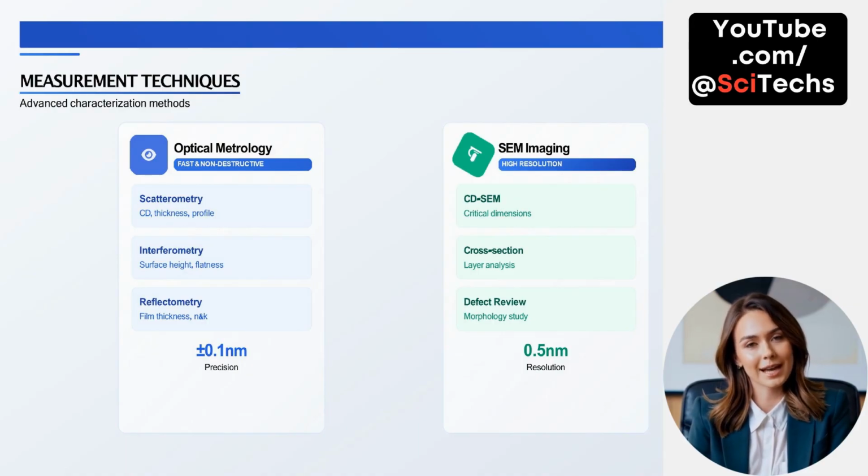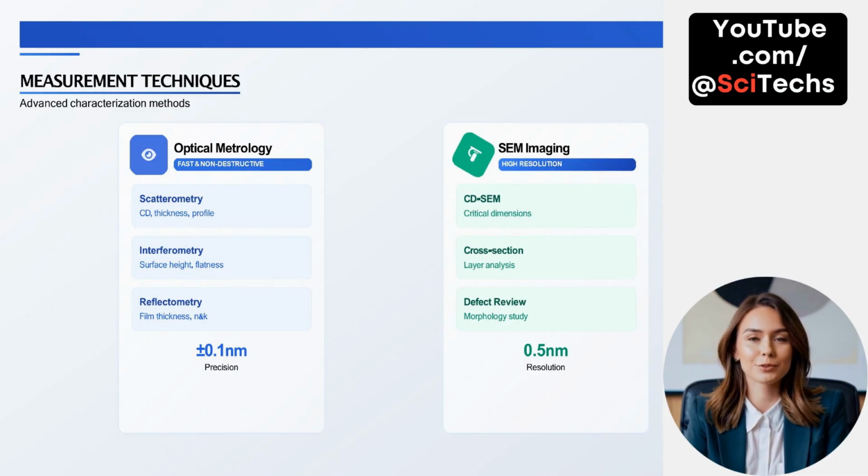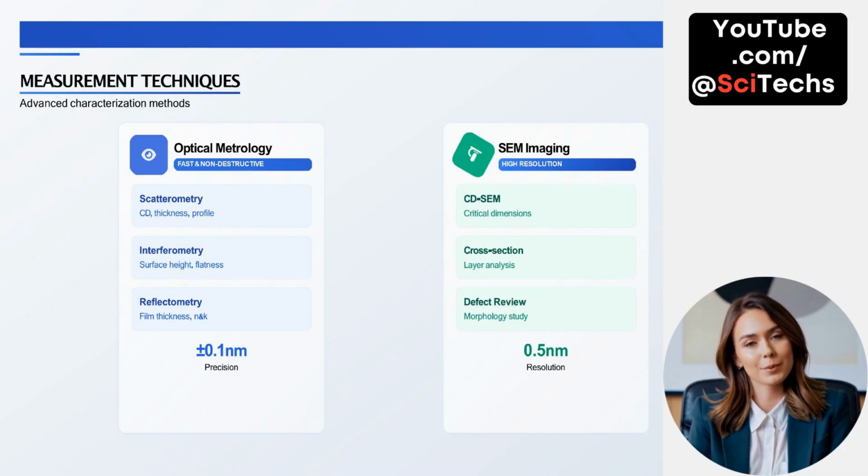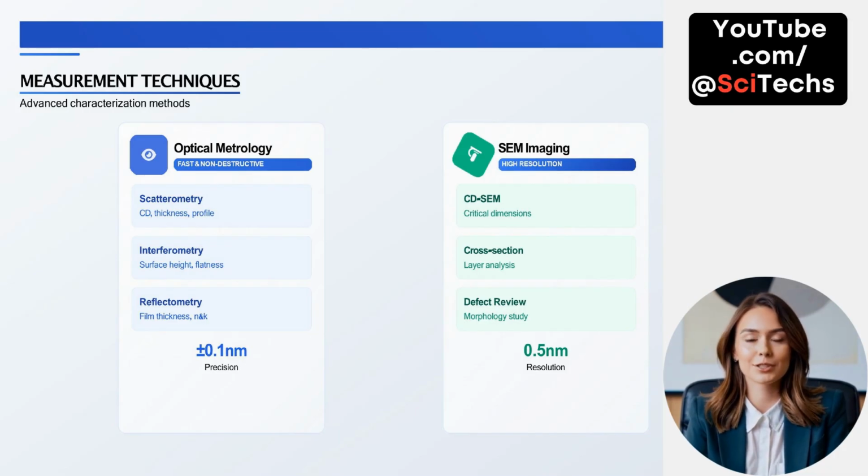Interferometry is applied to analyze surface height and wafer flatness with extreme accuracy. Reflectometry, another optical method, measures film thickness and optical constants, such as the refractive index, N, and extinction coefficient, K. These techniques offer a precision of plus or minus 0.1 nanometers, enabling tight process control.